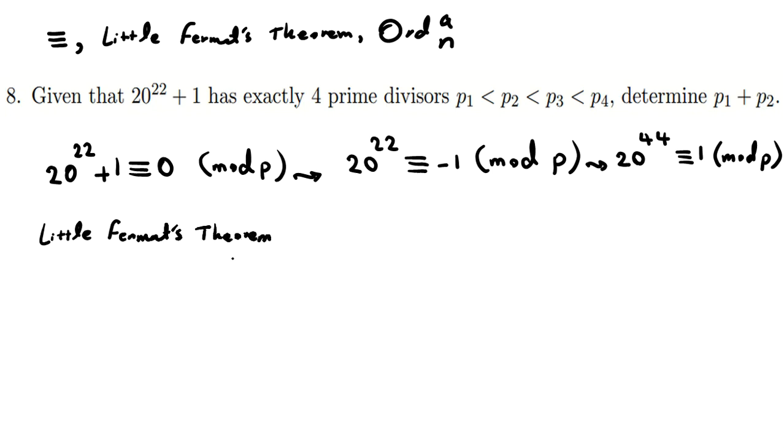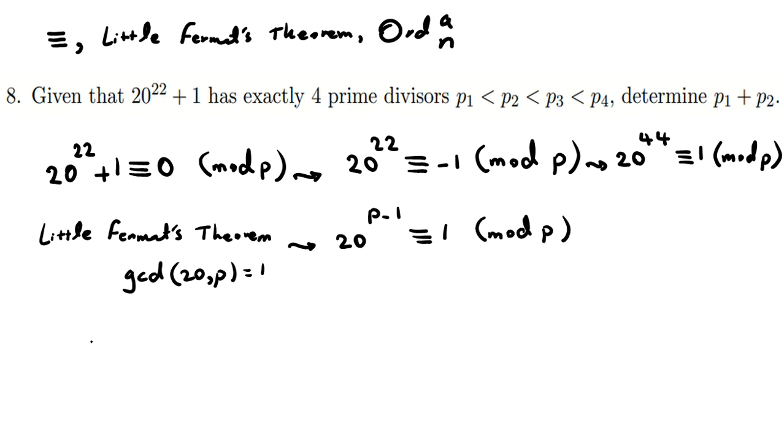We know that 20 and P are relatively prime numbers, because if P divides 20, then P divides 20 to the power of 22, and we know P divides this number, so P divides 1, and that's a contradiction. So here we can use little Fermat's theorem, and 20 to the power of P minus 1 is congruent to 1 mod P. It is little Fermat's theorem.